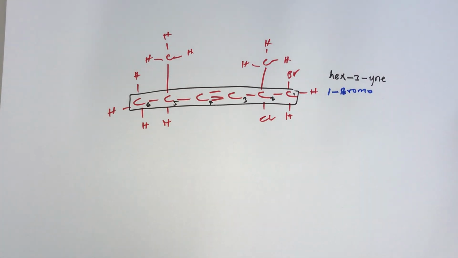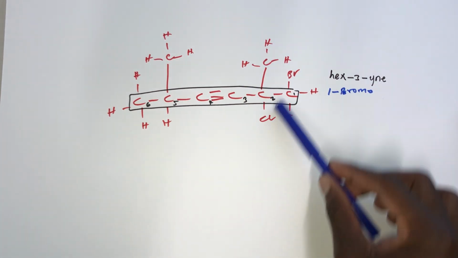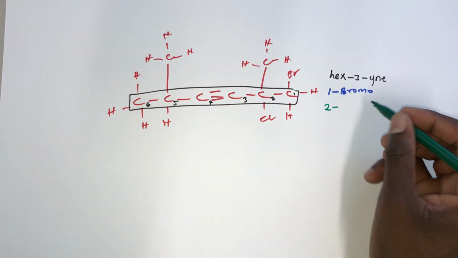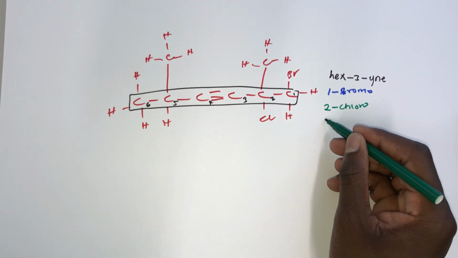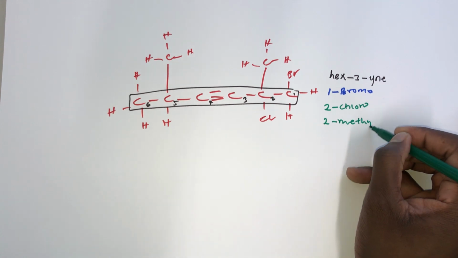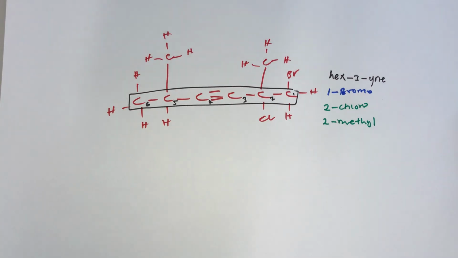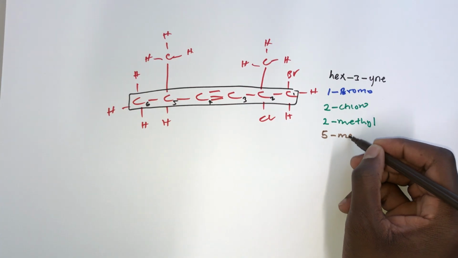And then position number 2, there is a chlorine and a branch. So position 2, we have chloro. Also position 2, we have methyl. And then in position 5, we have another methyl.